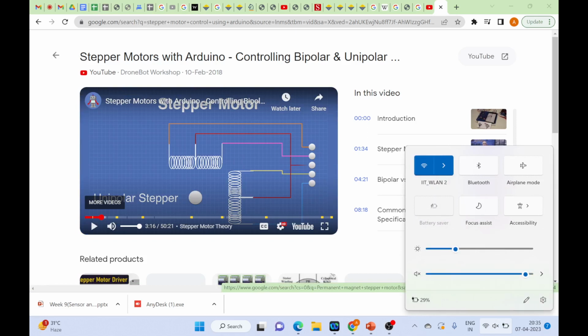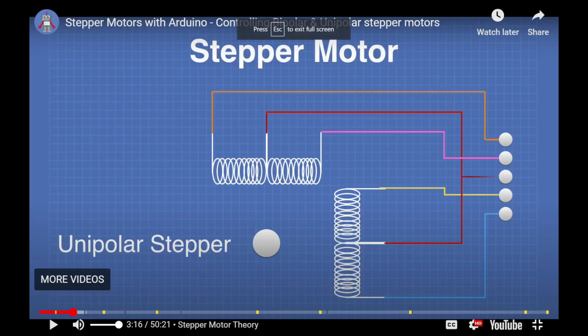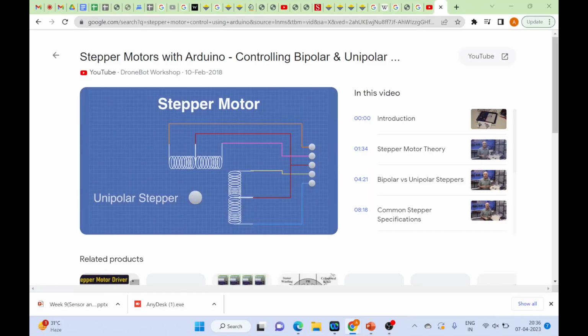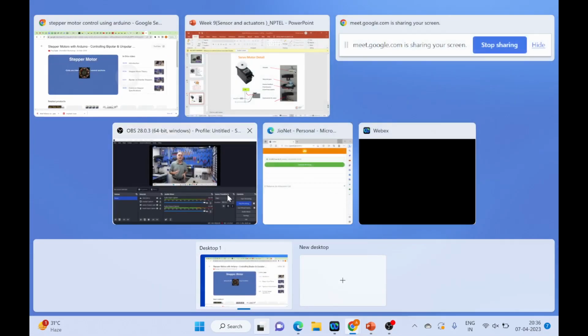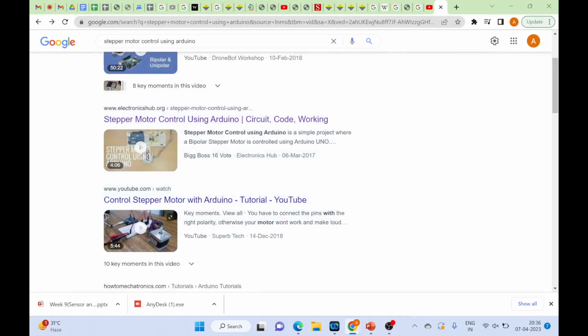I have asked the question in the assignment, how they have fabricated and constructed the unipolar and bipolar stepper motors. I think this is a very long video. Now internally, the coils in a stepper motor are actually split.